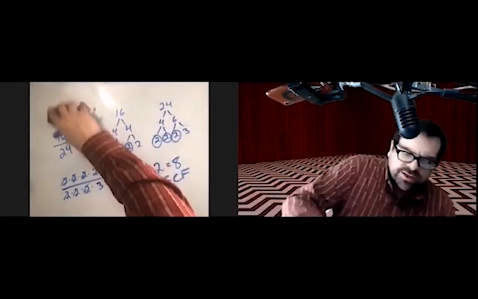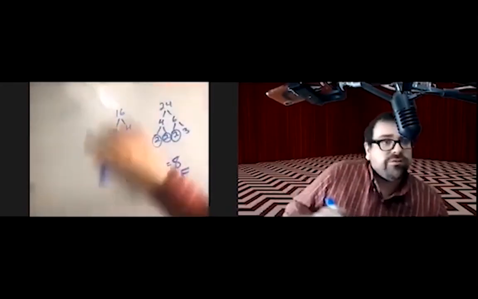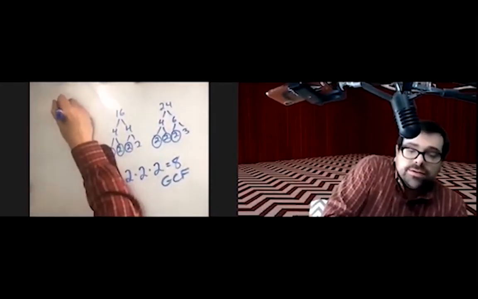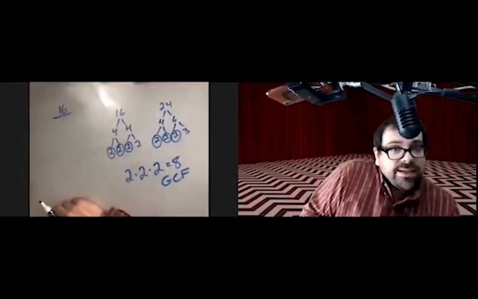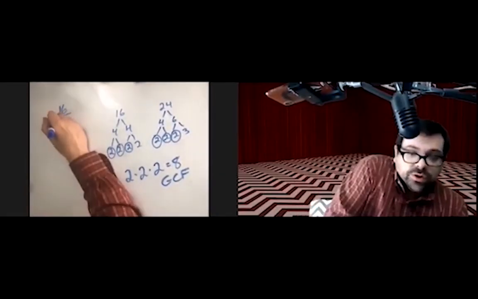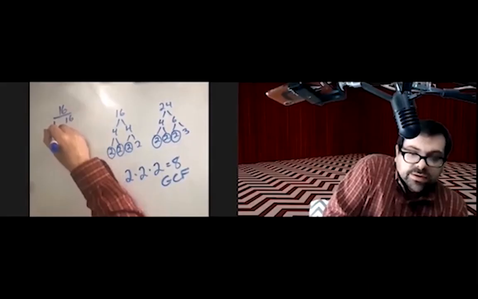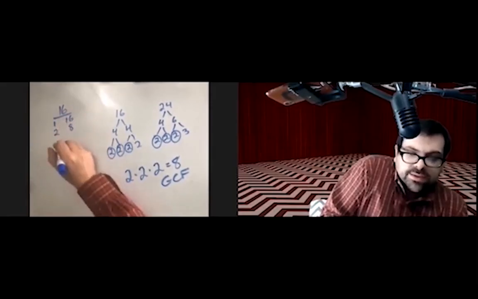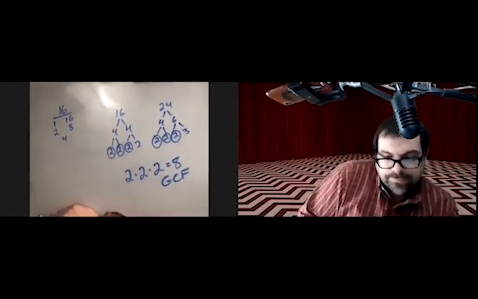Another way of finding the greatest common factor of 16 and 24 would be to list all of the factors of 16, just like we did for 12: 1 and 16, 2 and 8, 4 and 4.